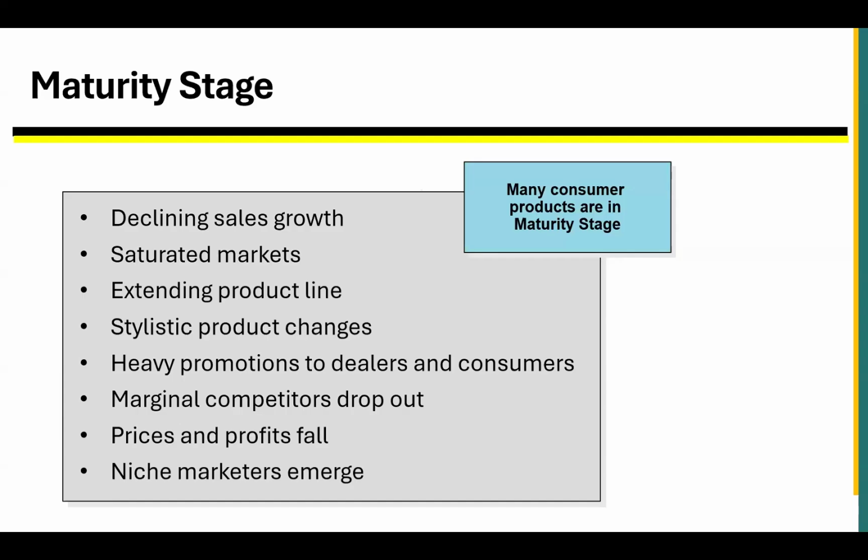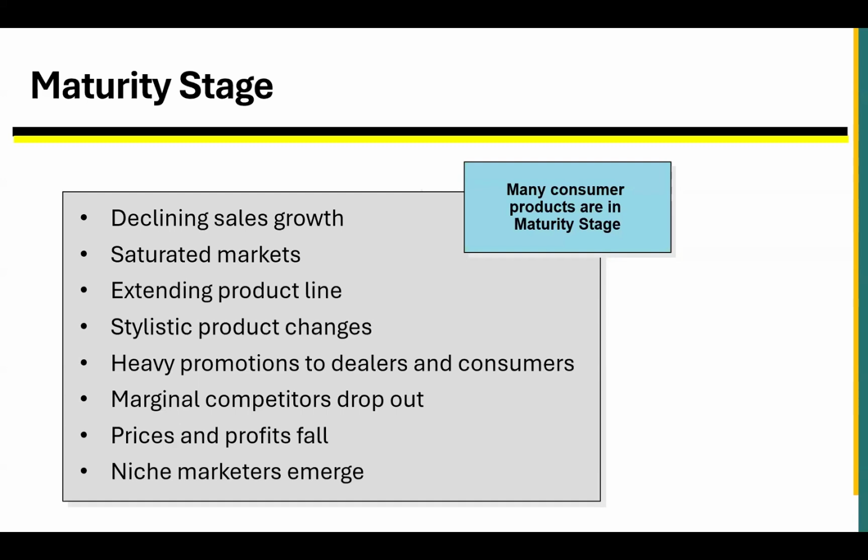So one could be that you are seeing fewer new users getting added, meaning slowly you are coming to the maturity stage.